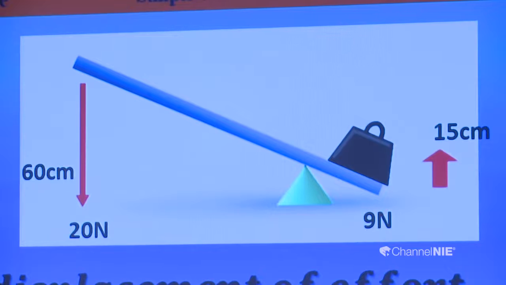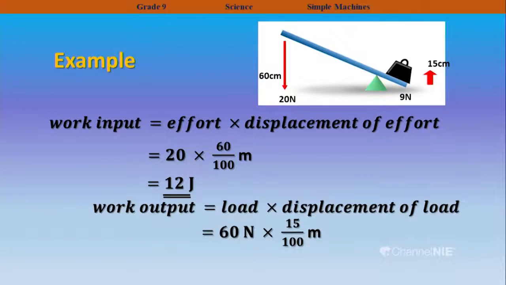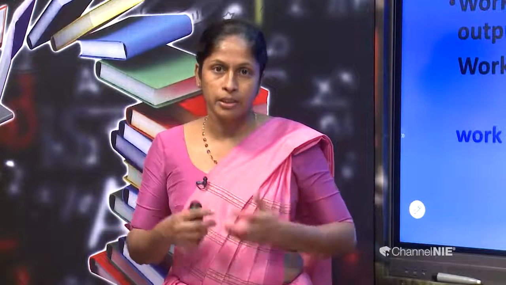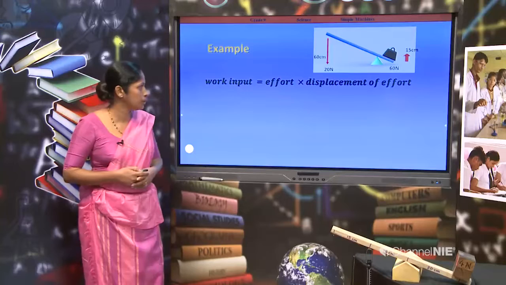So, load is 60 Newton. A machine exerts a force, or the machine does a work, again backwards. That means the machine gives out a work, that is called work output. Work input as well as work output can be calculated using this equation.